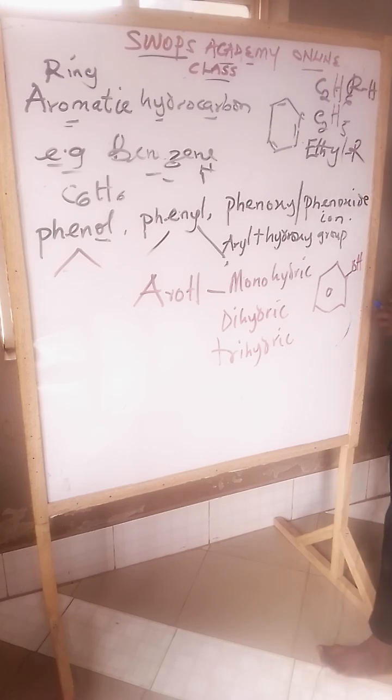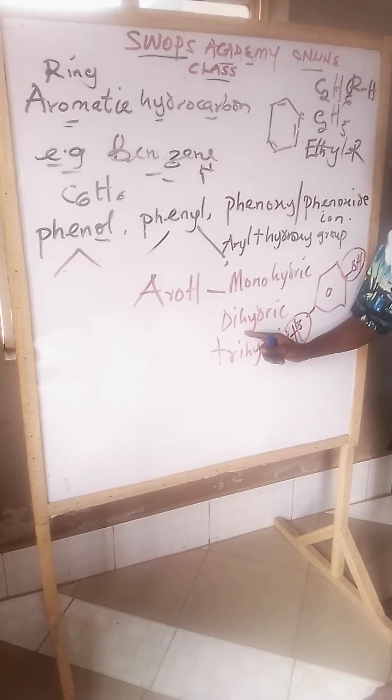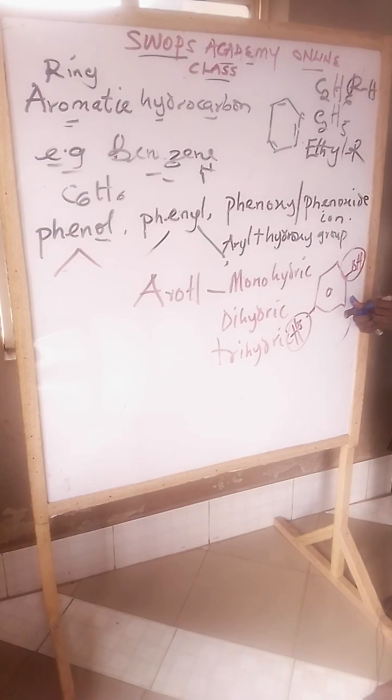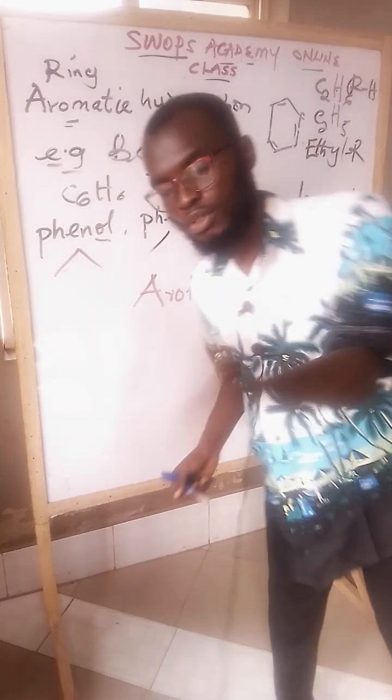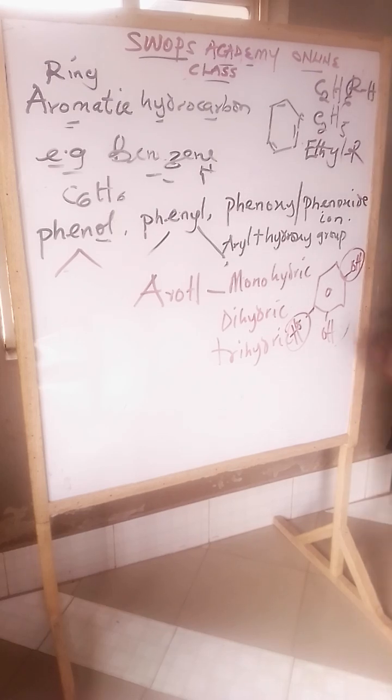Now, two hydroxy groups on this benzene, like I put one here, this is one hydroxy group, this is another one. It has become dihydric phenol. And when I slot in another one here, it has become trihydric phenol or polyhydric in nature. Hope I'm communicating.